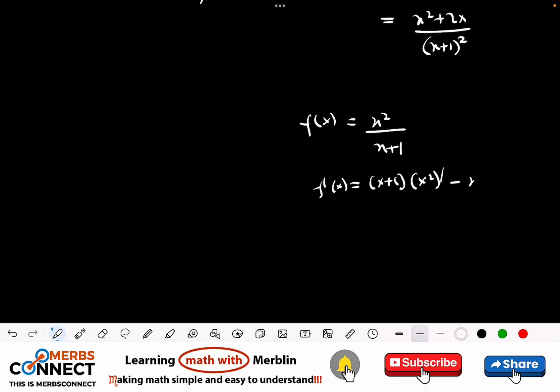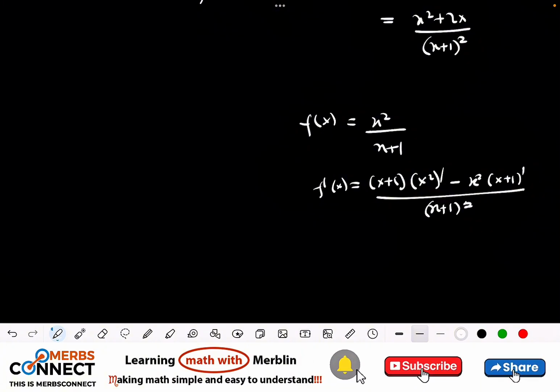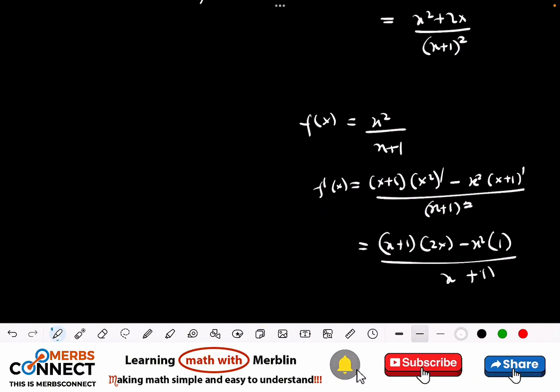Minus, now maintain the top and differentiate the denominator, all divided by the denominator squared. You are right. All the idea is that you should be able to do it. Good. So this is going to give us x plus 1. When I differentiate x squared, I get 2x, minus x squared. When I differentiate x plus 1, I get 1, divided by x plus 1 squared.